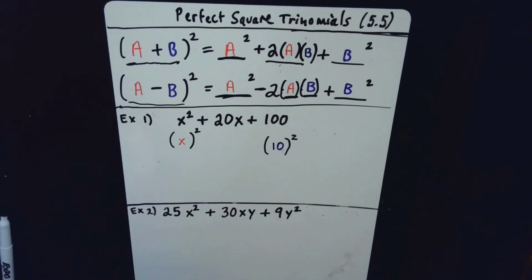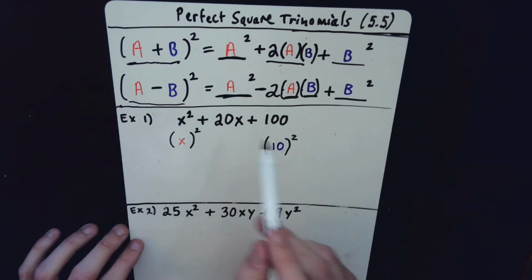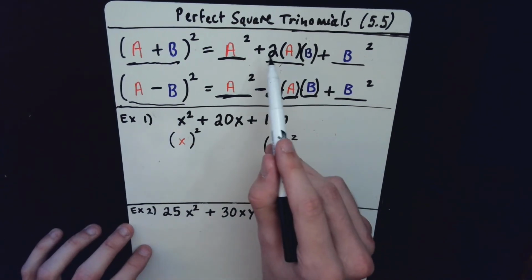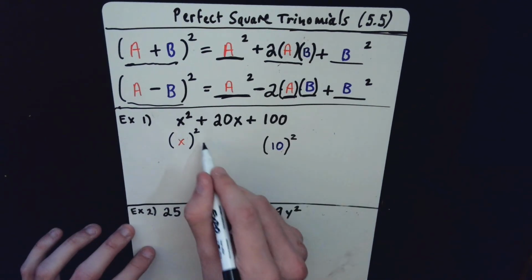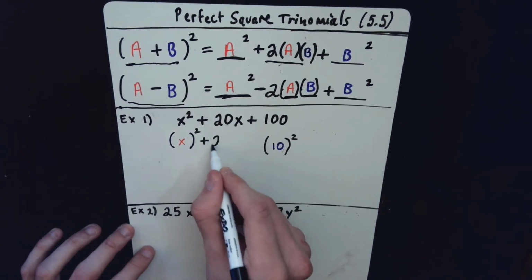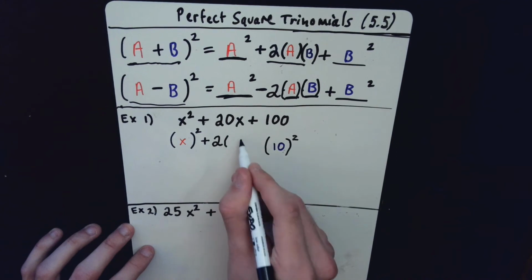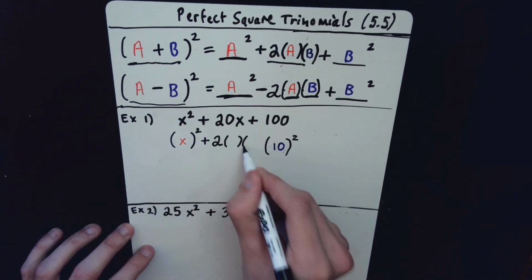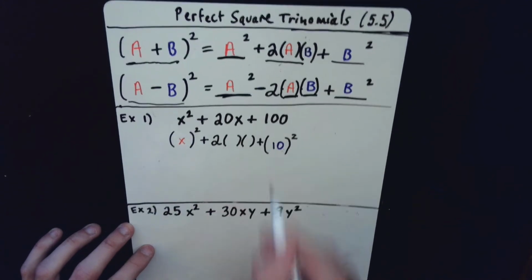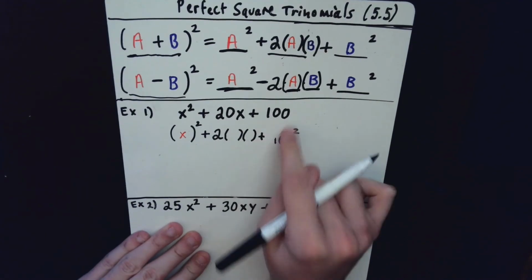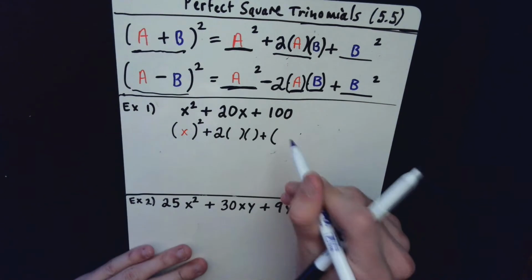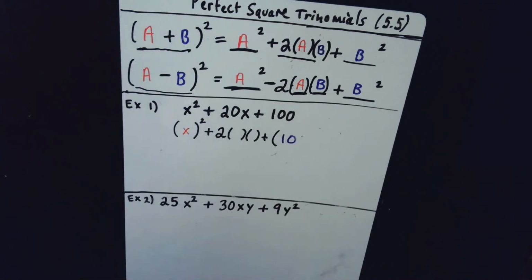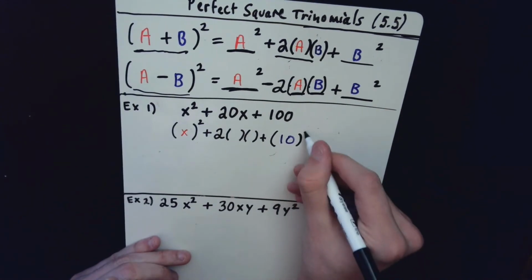And now in between, for the plus 20x, what we would like is for it to look like plus 2 times a times b. So I'll write plus 2 times a, I'm going to put in some blanks, times b, plus 10 squared.